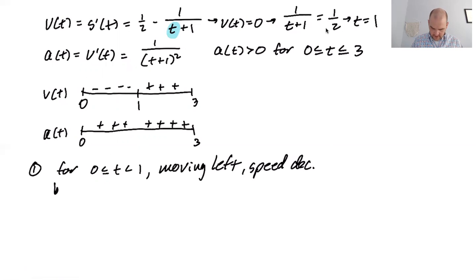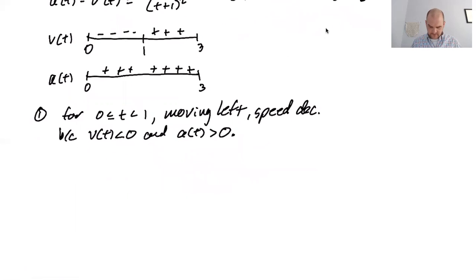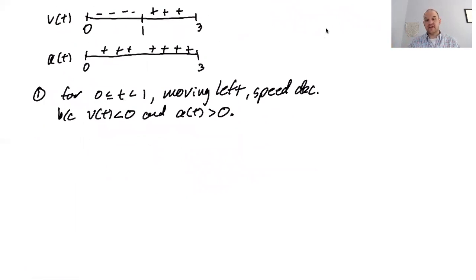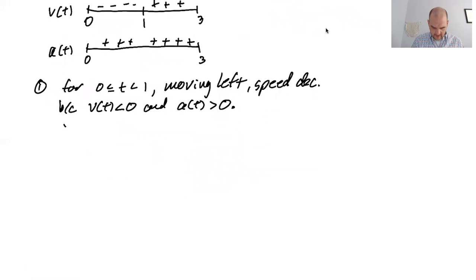Now we have to say why. Because v of t is less than 0 and a of t is greater than 0. To review, speed will be decreasing anytime velocity and acceleration have opposite signs. So that's why speed is decreasing. Moving to the left because velocity is negative, and by convention, we say we're moving to the left when velocity is negative. So far, so good.